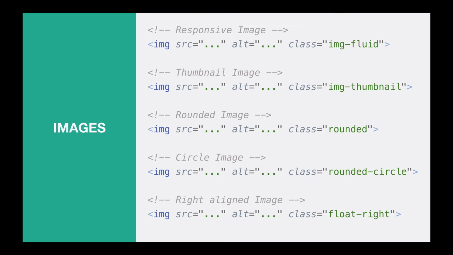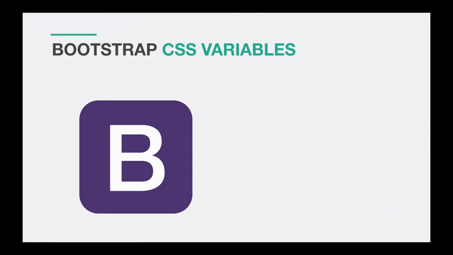The next one is rounded circle. That actually makes a circle of the image. Again, you can apply this to any element. These are not specific to images. And then the last one, if you want to align your image right, you can do float right. Again, this is how Bootstrap works. We just add classes, and it manipulates the elements for us automatically.